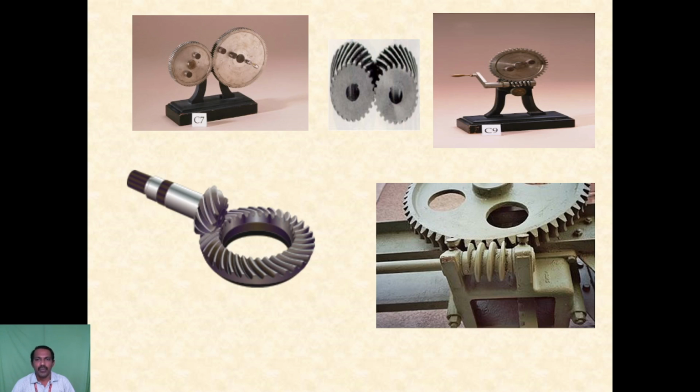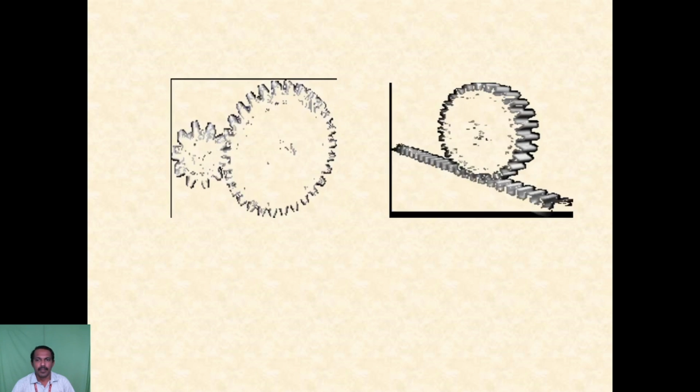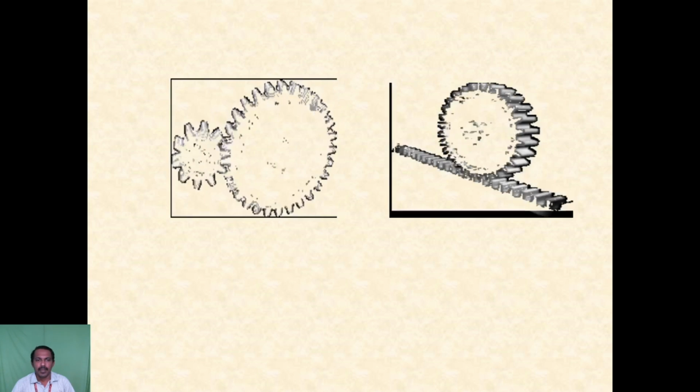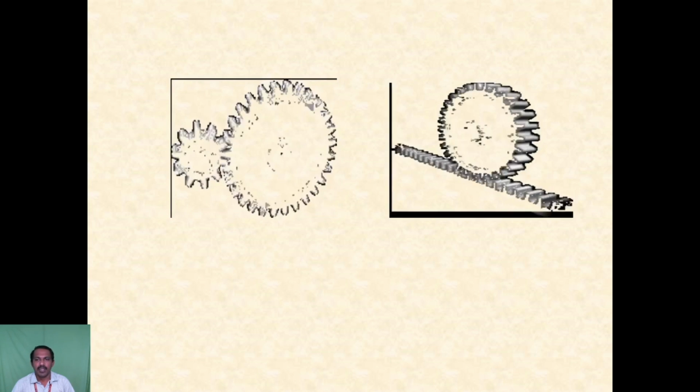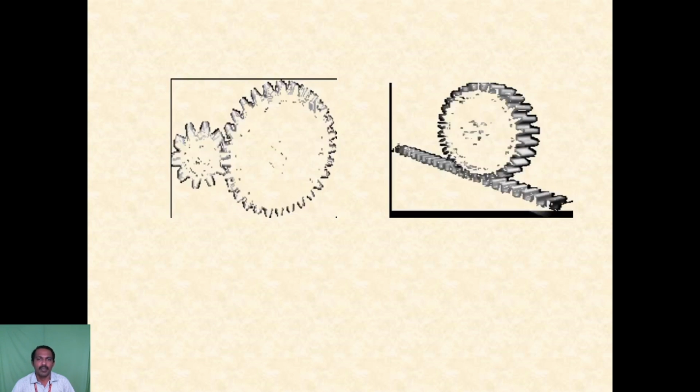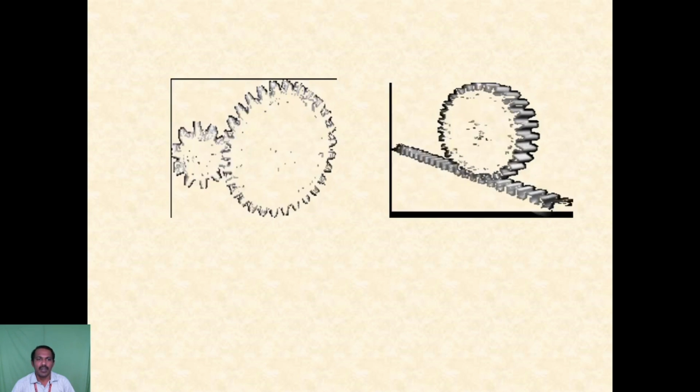Some diagrams are here for lower pair and higher pair examples. We can see a surface contact in the lower pair.